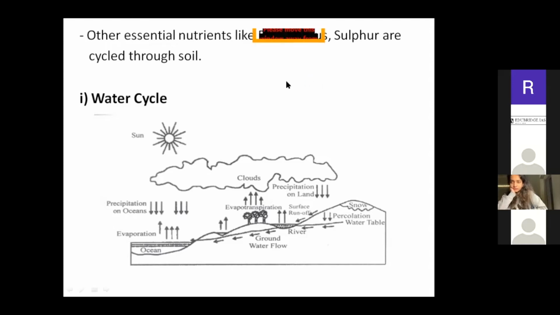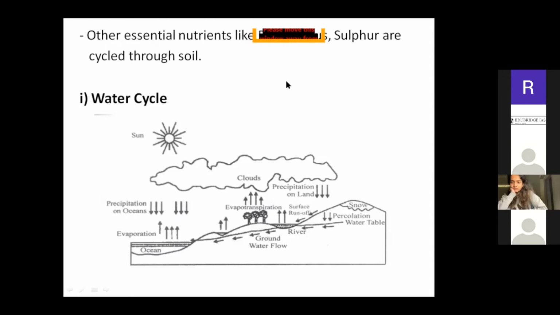So water cycle, you can see the most important processes that are carried out during water cycle are evaporation or evapotranspiration, then condensation, precipitation, and percolation. Fine. So let us discuss water cycle.